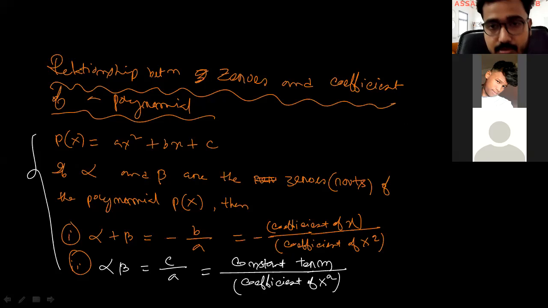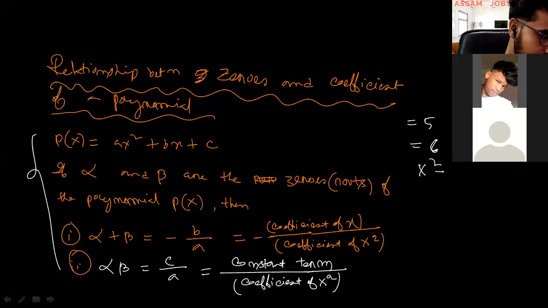Suppose a question comes where the summation of the roots is given, suppose 5, and the product of the roots is given, suppose 6, and you are asked to write down the quadratic polynomial. The formula for writing the quadratic polynomial whose roots are alpha and beta is x square minus (alpha plus beta) into x plus alpha into beta.